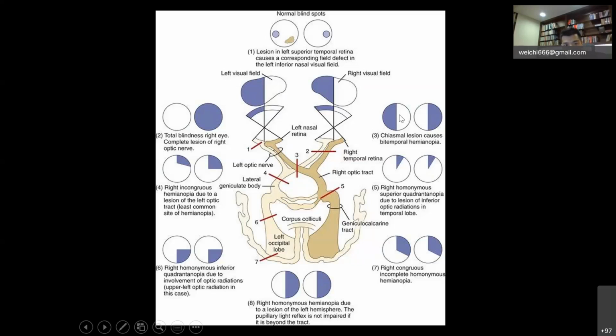Okay, so for the left eye, the fiber in the temporal area could still sense the visual field in the nasal part. The temporal retina could see the nasal visual field. The nasal retina could sense the temporal visual field.